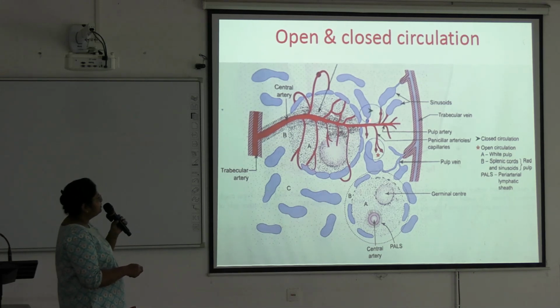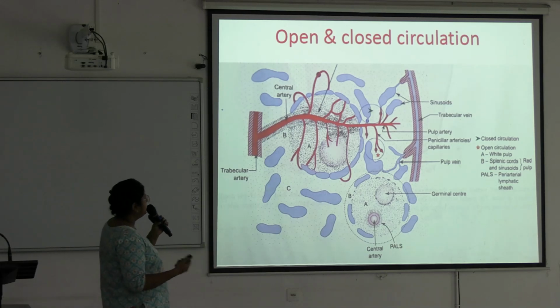So these are forming open circulation. After that, blood is entering into the sinusoids. And here one white pulp in last view: central artery in eccentric position, periarteriolar lymphatic sheath, germinal center formation occurring here. Okay, next.